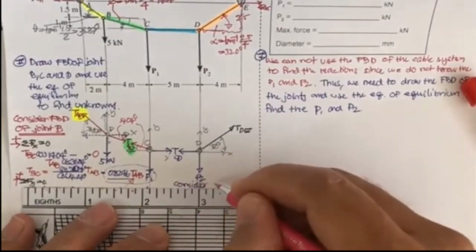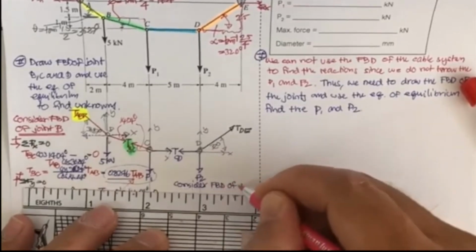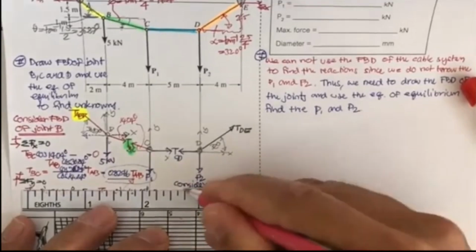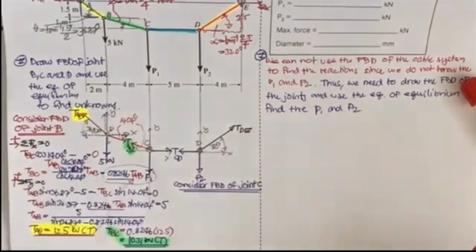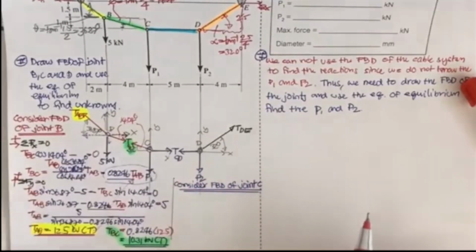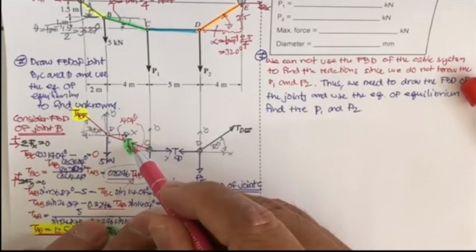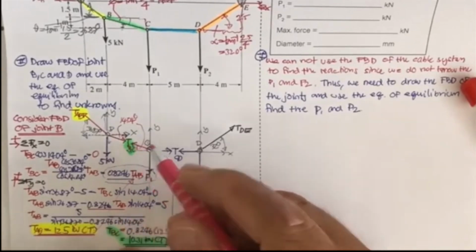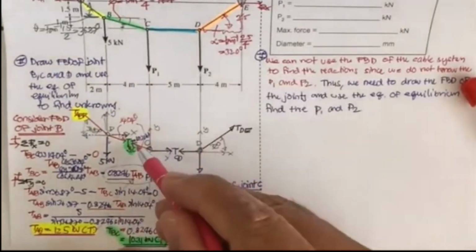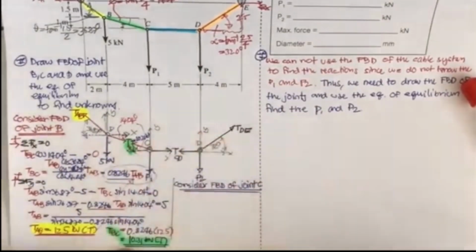Consider free body diagram of joint C. Next, we consider the free body diagram of joint C, and you may take this one. So since this one is the force of 10.31, let's say this is 10.31 kilonewton. It is projected in the x direction. It's going to have this direction.